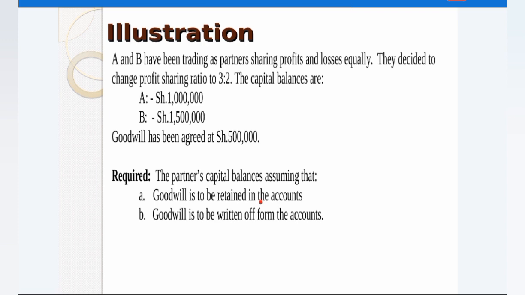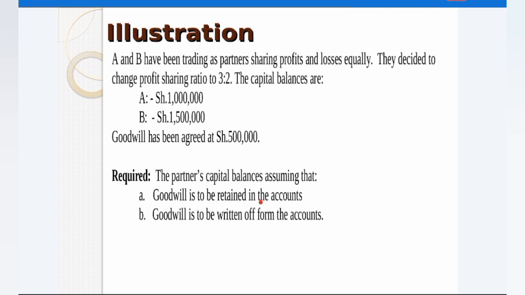And we are told that the capitals for the partners are A, 1 million, and B, 1.5 million. So we have the capital accounts of the partners being 1 million and 1.5 million for A and B, respectively, and that goodwill has been agreed. So as a result of the change in profit sharing ratio, they agree to introduce goodwill at 500,000.